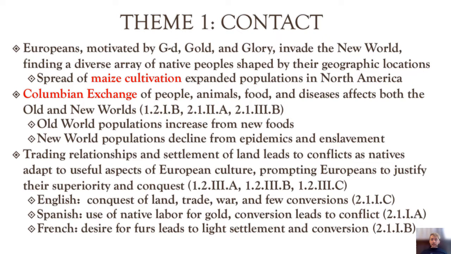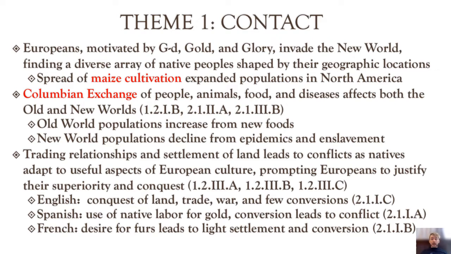Many of the exchanges are positive, but many of them are negative. People in Europe, for example, will pick up new food supplies, potatoes, chocolate, maize, and that will allow them to expand European populations with new sources of calories.